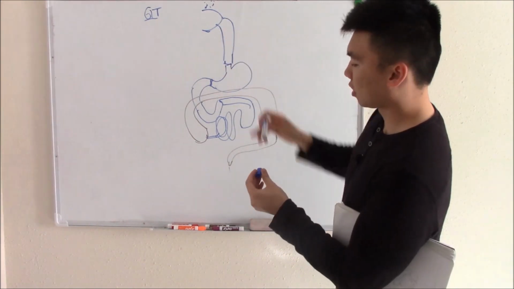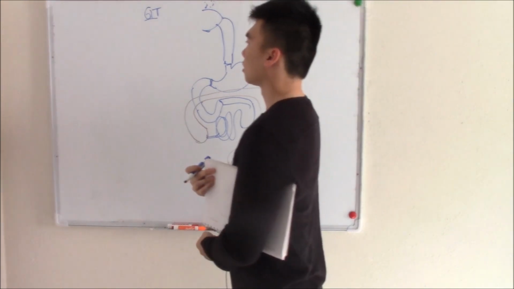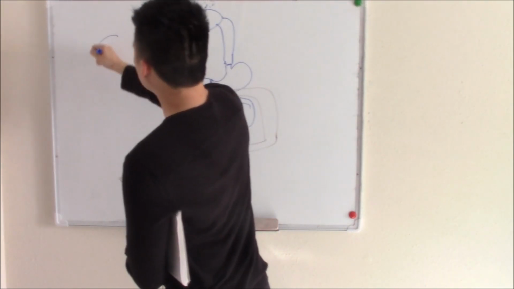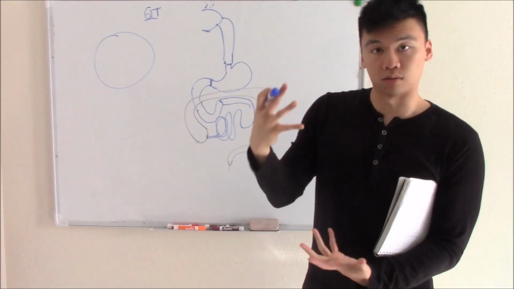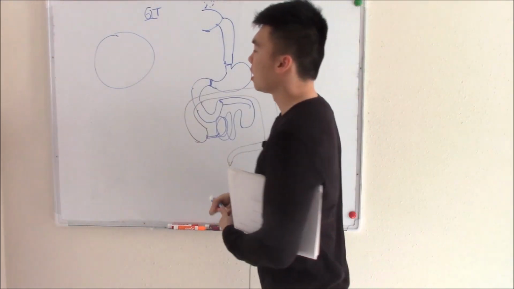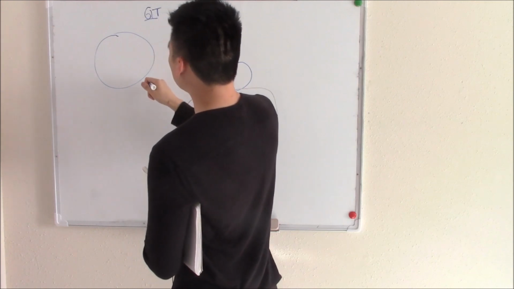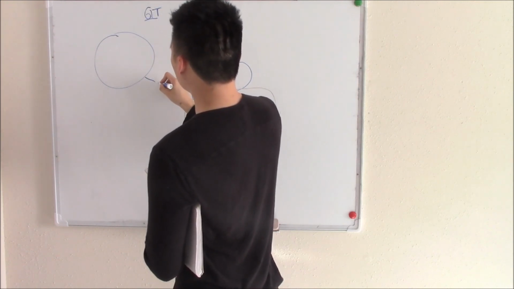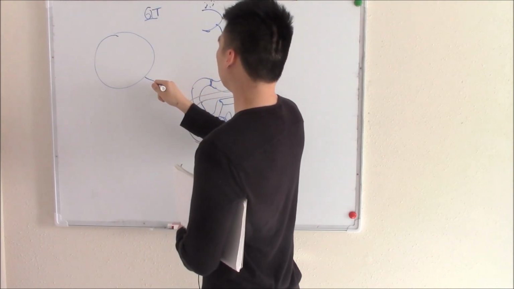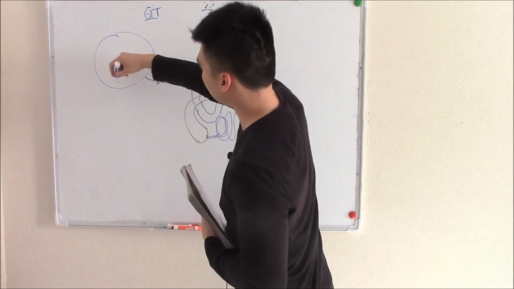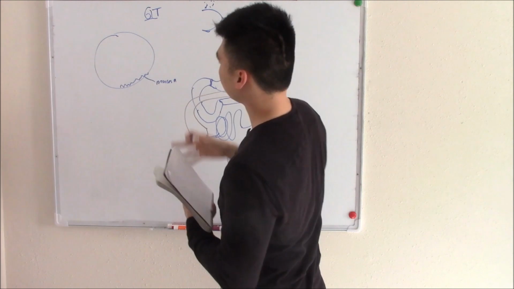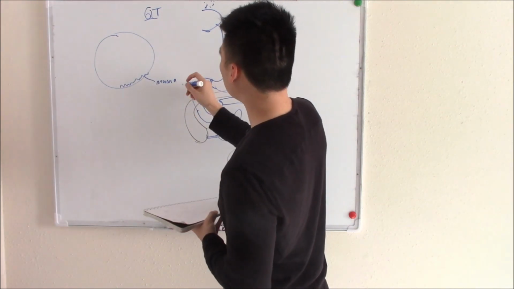So if we look at the tube closer up microscopically, this is our tube, then we can look at the layers of the tube and see these neural cells. We'll start with the innermost layer. The innermost layer is going to be your mucosa. Your mucosa consists of your inner epithelium.